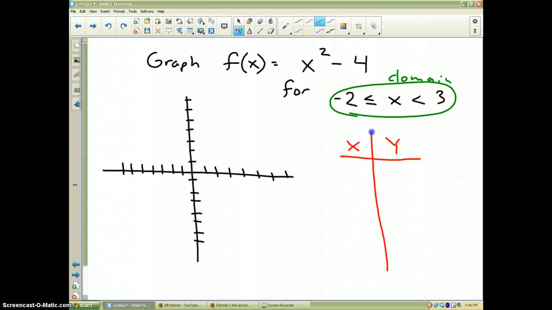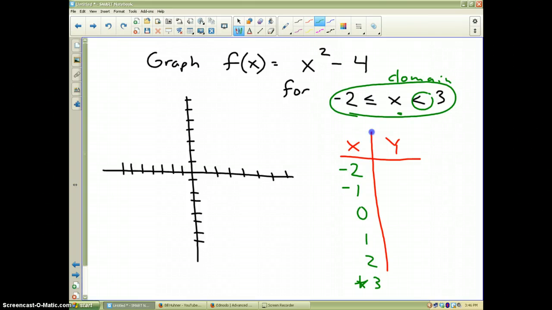It says x can be anything between -2 and 3, including -2. So I'd make a little t-table, and let's use just the integers: -2, -1, 0, 1, 2. And I'm going to put 3 in here, but I'm going to put a star by it because it's strictly less than. That means 3 is not included in this graph.